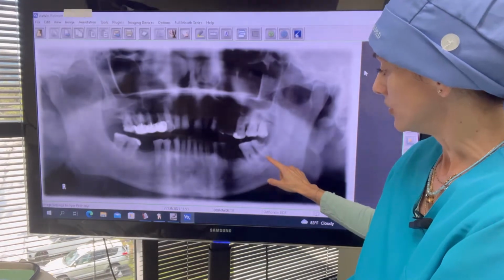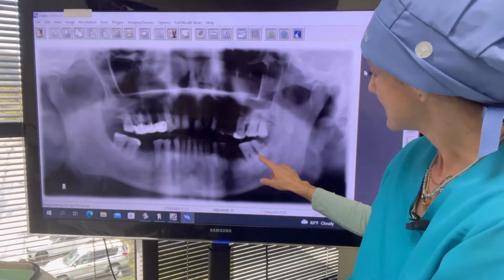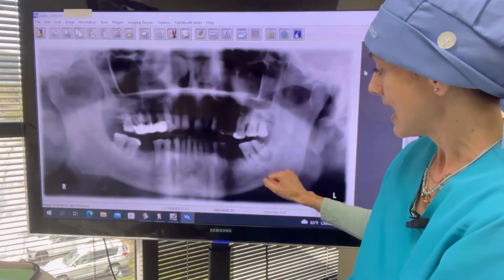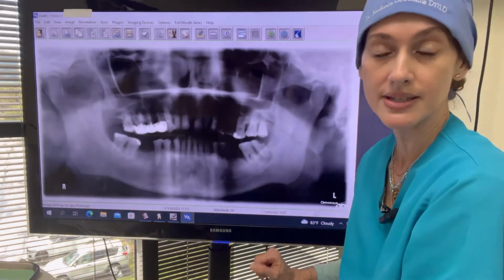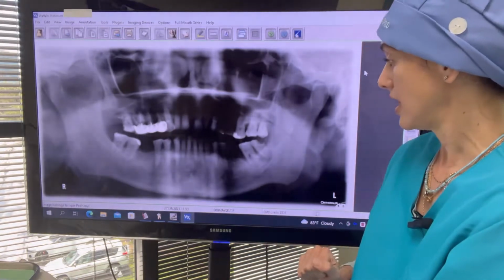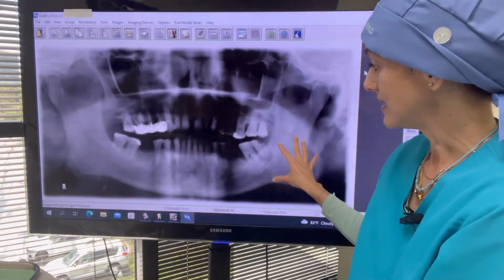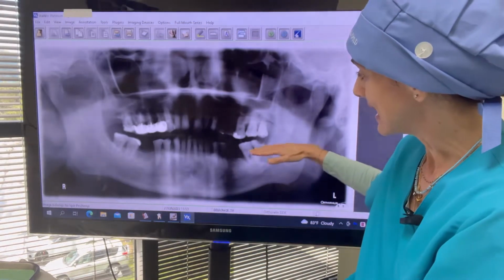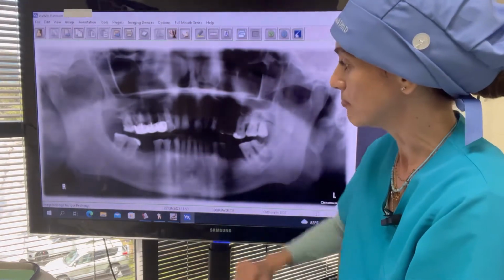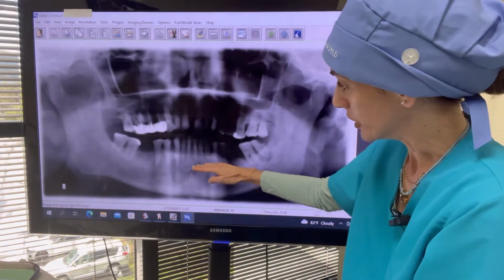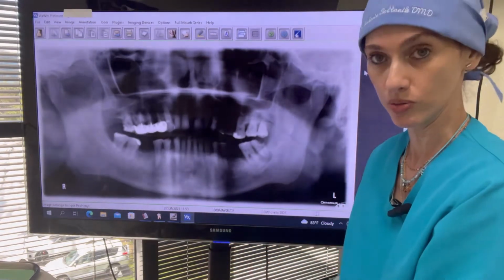This tooth on the bottom left has a very large, dark circular area, and that is an abscess. It's an area of infection. And why did this happen? In this patient, we see that he has generalized bone loss. So the bone level is lower, so he has lost a lot of bone.